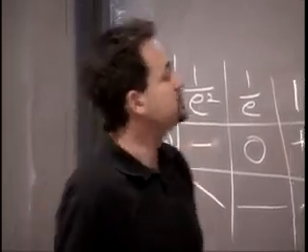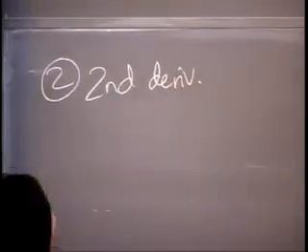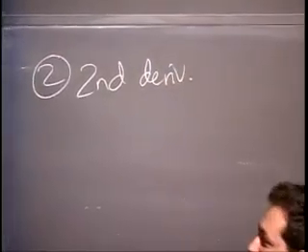Now let me just show you how the second method works. This is another alternate method of classifying critical points. Instead of using the first derivative near the critical point, we'll use the second derivative at the critical point. So this is the second derivative method. So here's the deal. We've got these four situations.